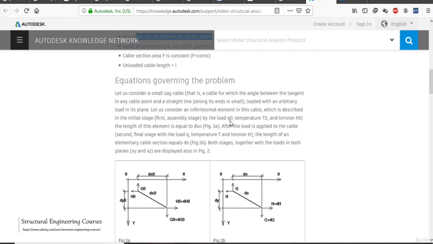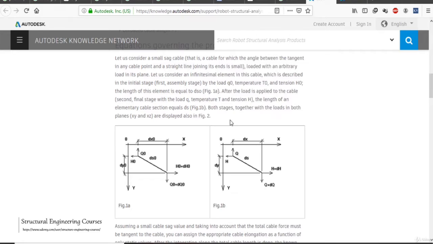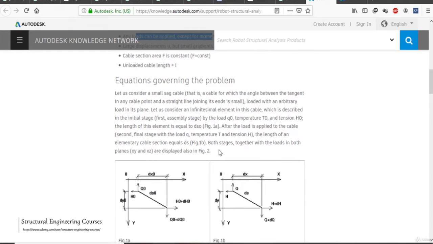Now, what are the equations that govern this problem? For that, they have given these two figures, figure 1a and figure 1b. Here it is saying that we consider a small sag cable, that is, a cable for which the angle between the tangent at any cable point and a straight line joining its ends is small, loaded with an arbitrary load in its plane.